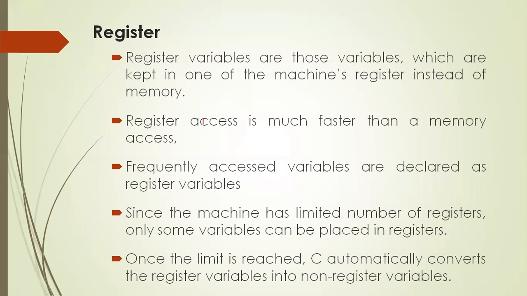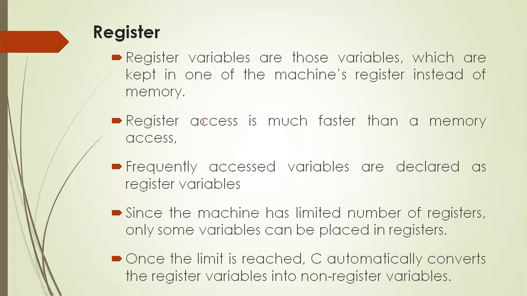The difference between a memory variable and a register variable is that generally the processor looks for the value of the variable first in the register. If it is not available in the register, then it searches in the memory location. So for static, auto, extern, the value of the variable is stored in memory location, whereas for register, it is stored in the CPU register instead of memory location.